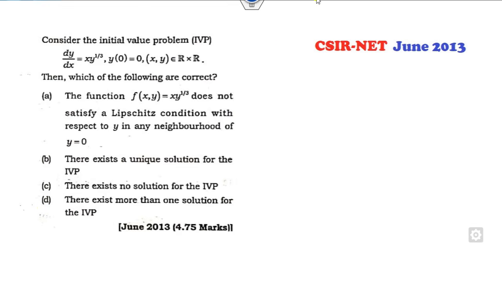Now you can see the next question, the initial value problem: y' = x y^(1/3), y(0) is 0. Again you can see this number lies between 0 and 1 and the initial value is 0. It will give you infinite solutions only when this number is positive.